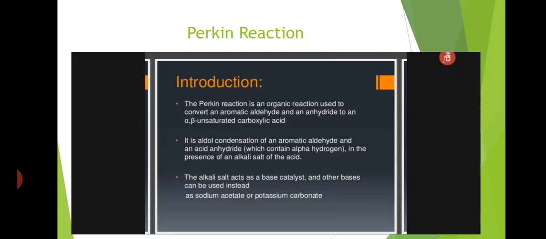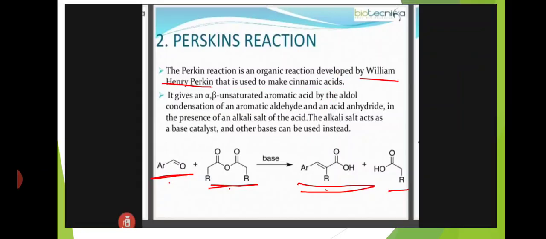It is aldol condensation of an aromatic aldehyde and an acid anhydride in the presence of an alkali salt. Here the alkali salt acts as a base catalyst, for example sodium acetate and potassium carbonate.